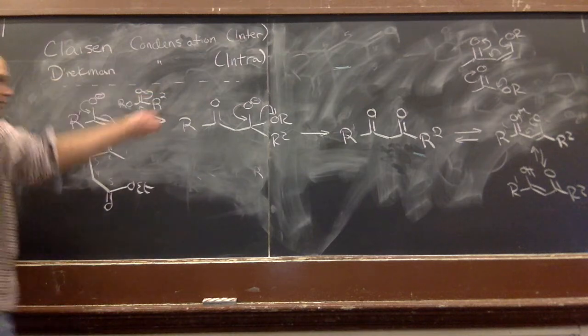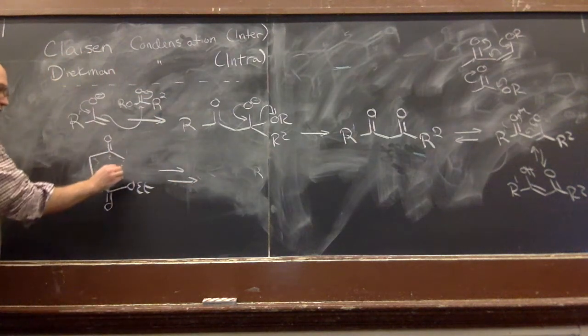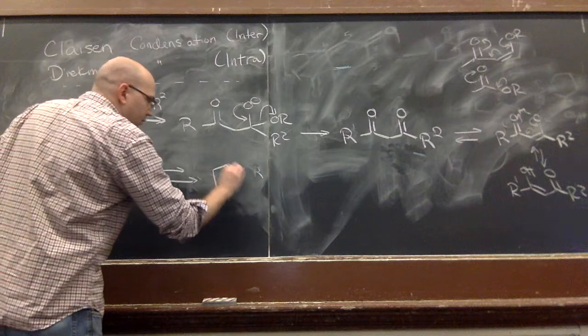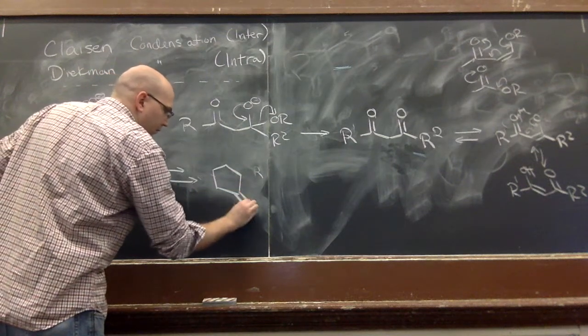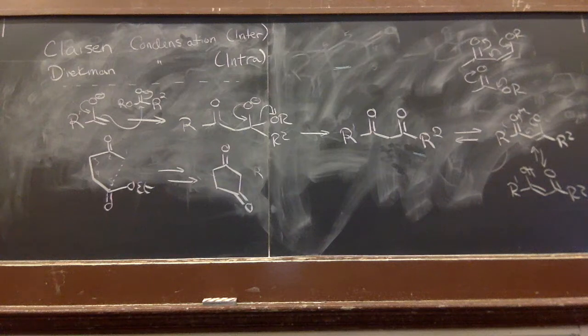And so again, just looking at the parallel up there, the product that we would generate here would basically be this carbon to this carbonyl. Five-membered ring. It's got the 1,3-diketone.